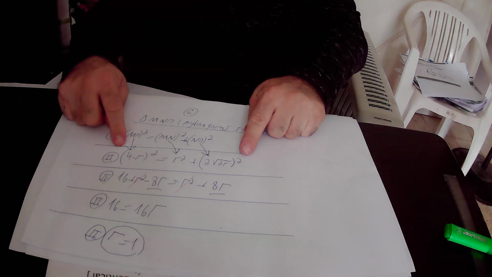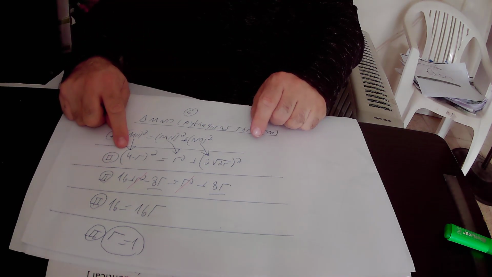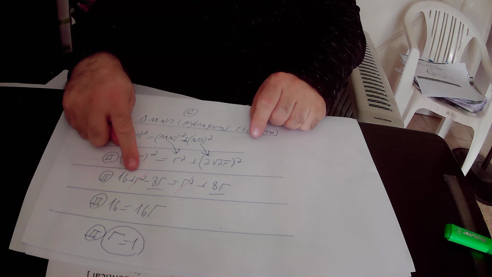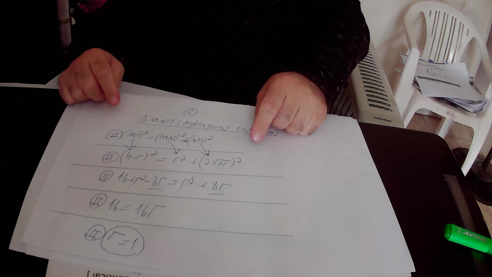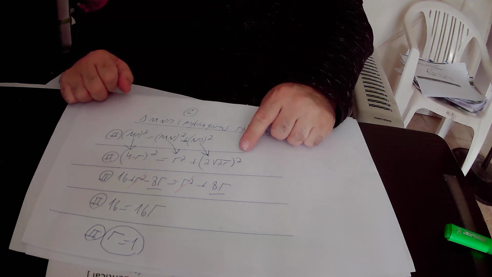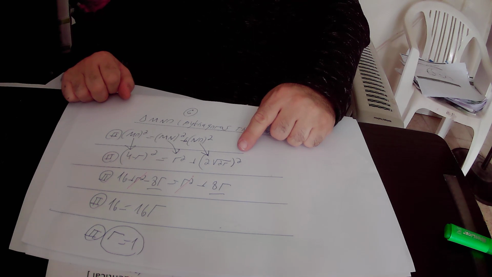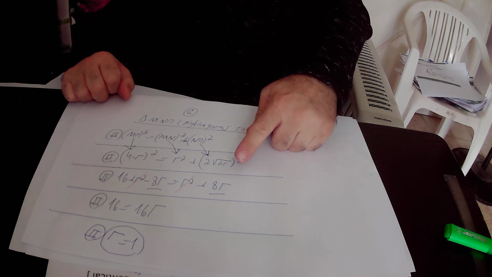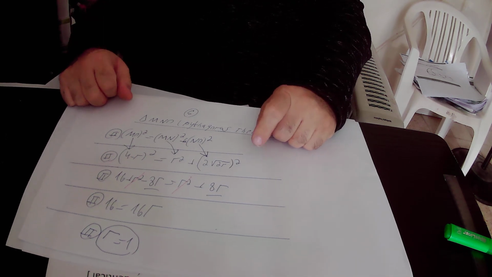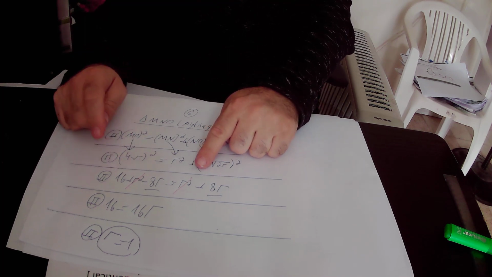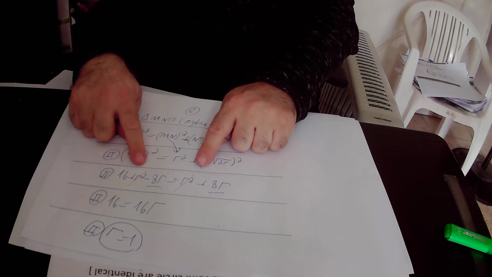We open the brackets on this side of the equation, and we got that 4 minus R square equals 16 plus R square minus 8R. And it equals R square, and the square of 2 times the square root of 2R is 8R. So here we have R square on both sides of equation number 2, so R square will get cancelled.